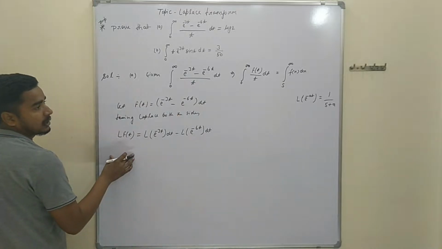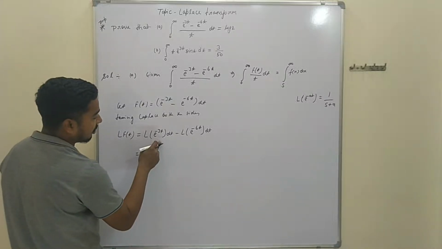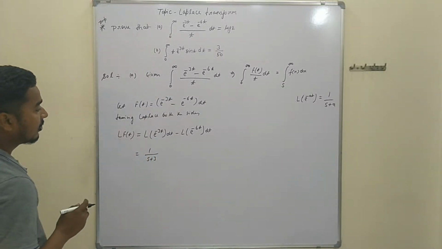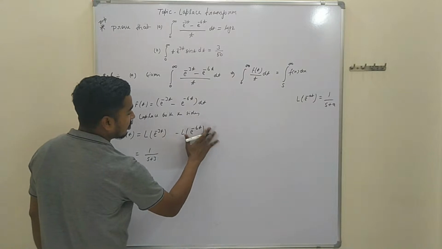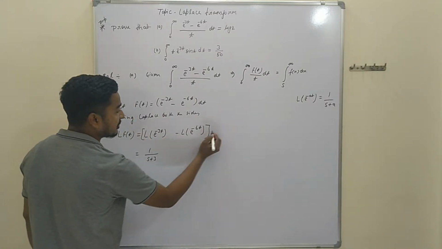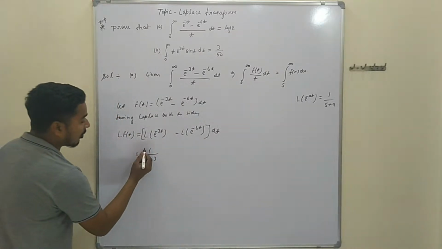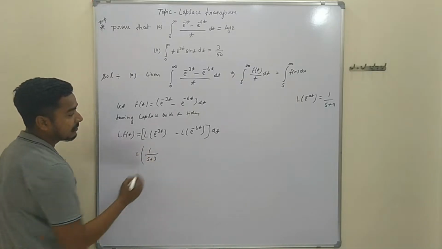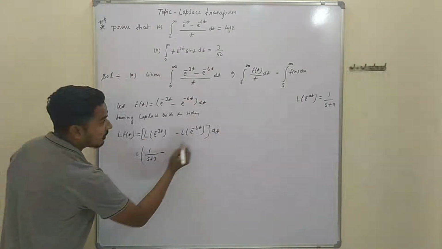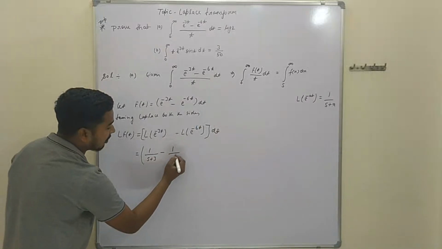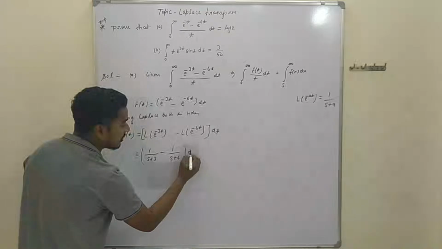From here we expand this formula. Laplace of e to the power minus 3t is given by 1 upon (s plus 3), and minus Laplace of e to the power minus 6t is given by, using the formula, 1 upon (s plus 6).